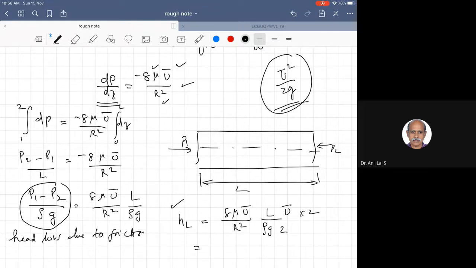That makes 16 mu by r squared, there is a rho, there is an L here, and this is u bar squared by 2g. So the head loss is in terms of velocity head.